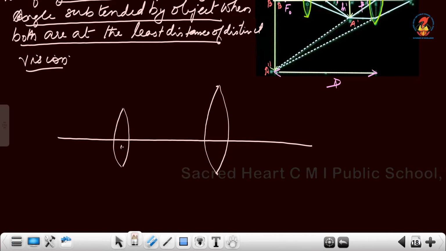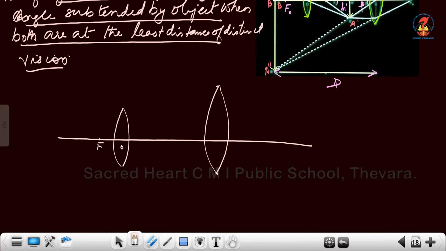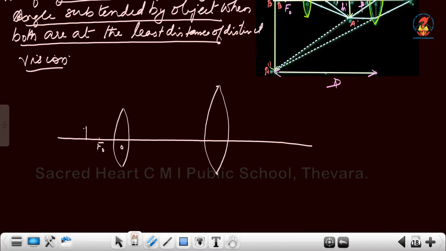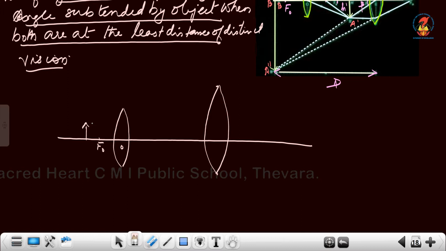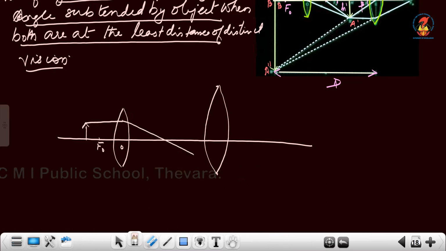Now, the real object is placed beyond the focus of the objective, and the ray of light after passing through the objective forms a real inverted enlarged image between the focus and optic center of the eyepiece.